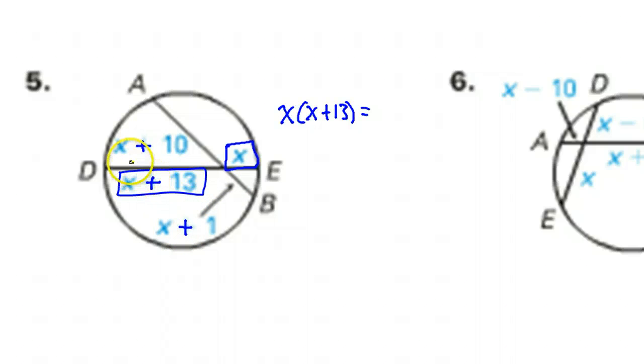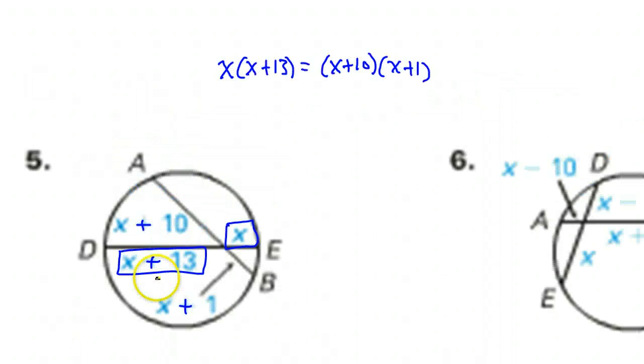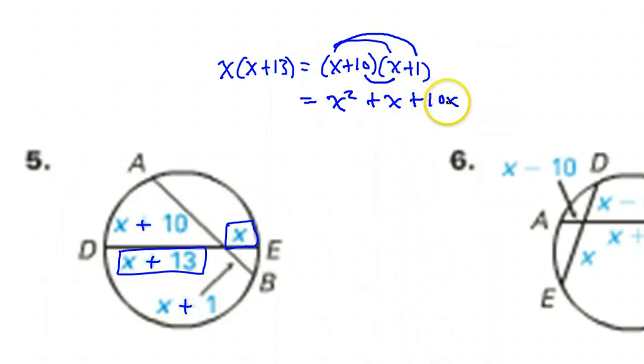And that looks like x plus 10 times x plus 1. Alright, I'm putting it up high for a minute so I have a little space. We need to double distribute right here. Alright, x times x is x squared. X times 1 is x. 10 times x is 10x. And 10 times 1 is 10.